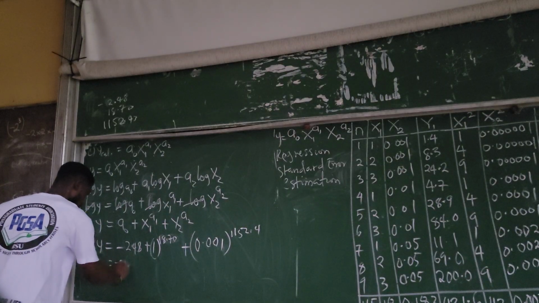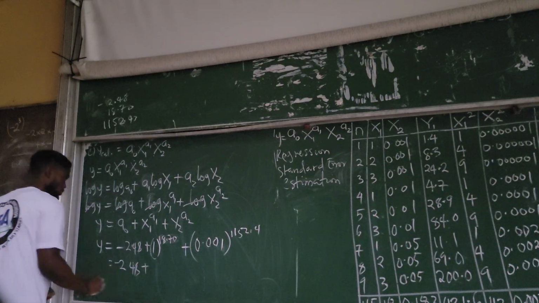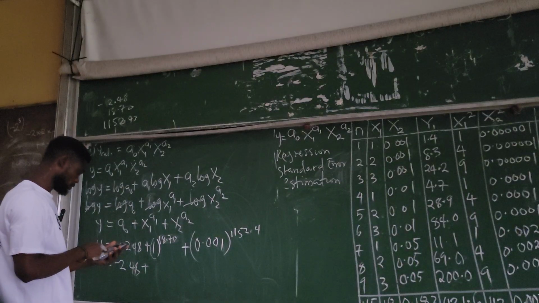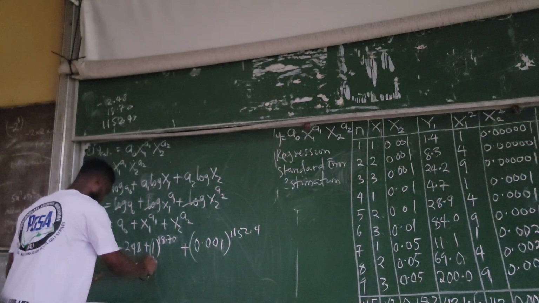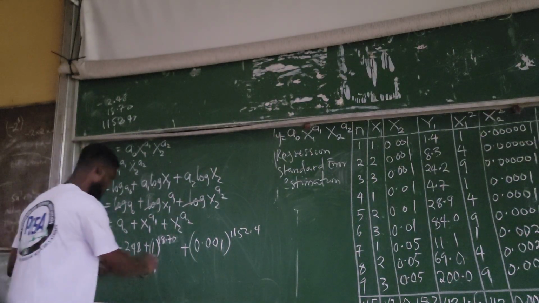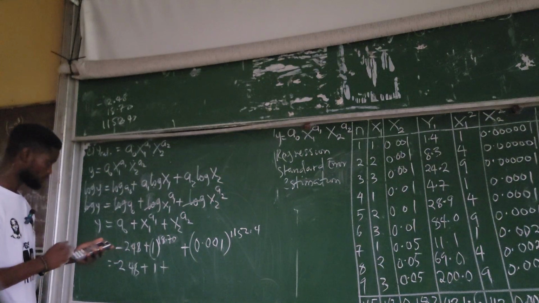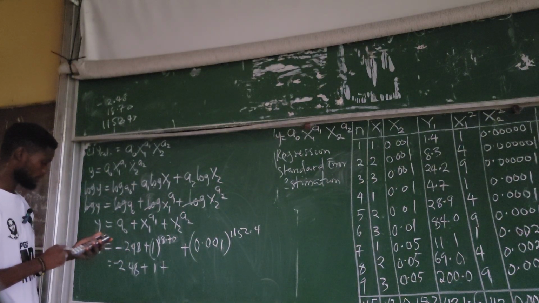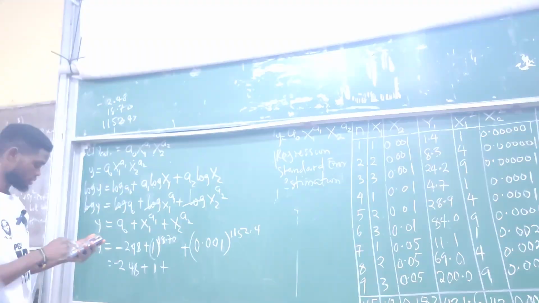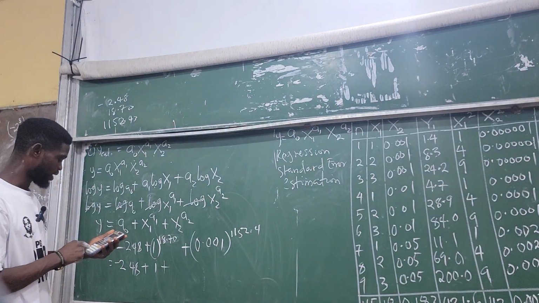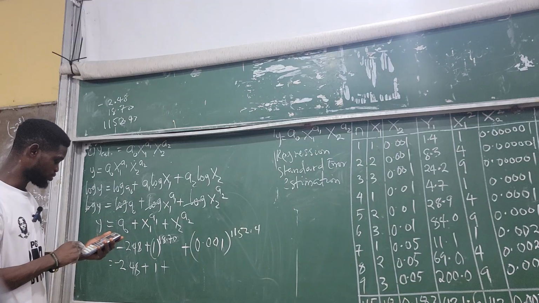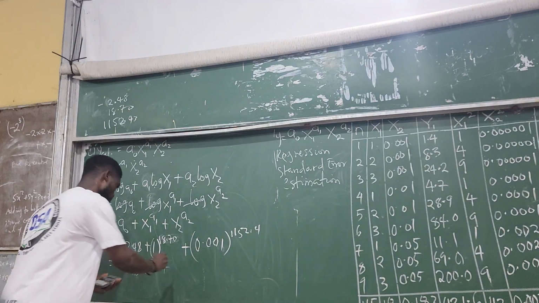Minus 2.48 plus 1 raised to power 18.70 will give you 1, plus 0.001 square 1152.4 is 0.